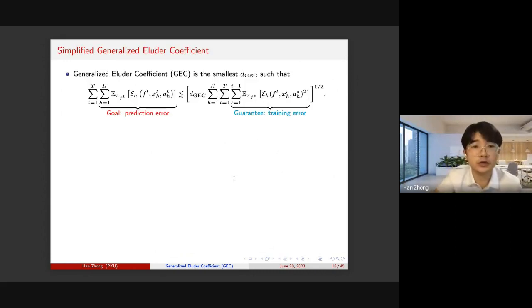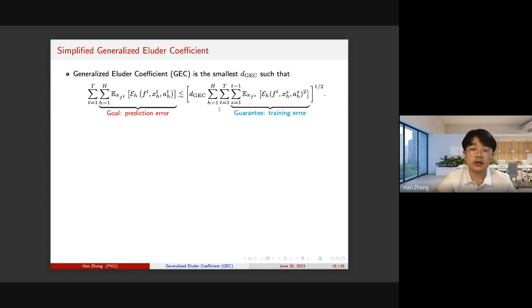Now we are going to define the simplified GEC. Basically, the left-hand side of GEC is our goal, which we have mentioned before, and we call it the prediction error, since we need FT to perform well on the unseen data. And the right-hand side is our guarantee, the training error: FT is good on the historical data.